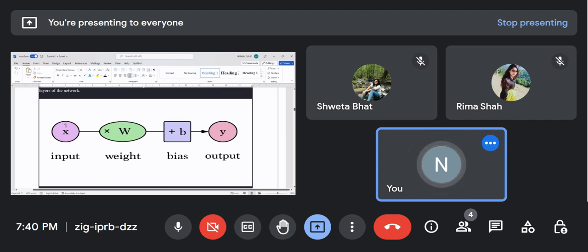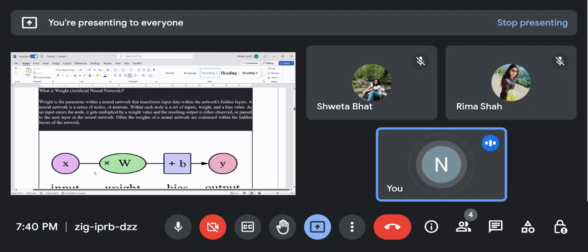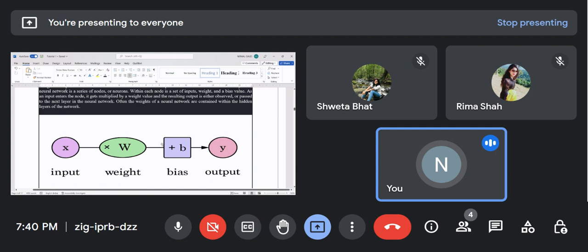As per the working principle of a neural network, we need to multiply this input with some weight. Then we add a bias to the result, w into x, and this is applied to an activation function, which results in the output we show on the output layer.